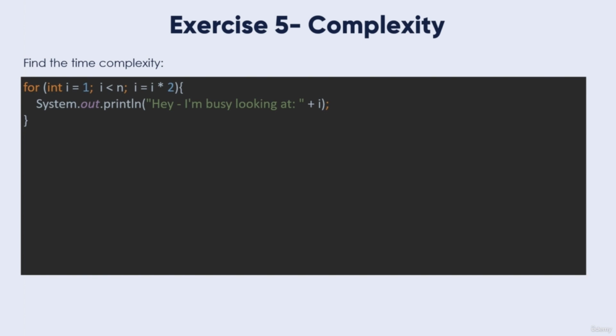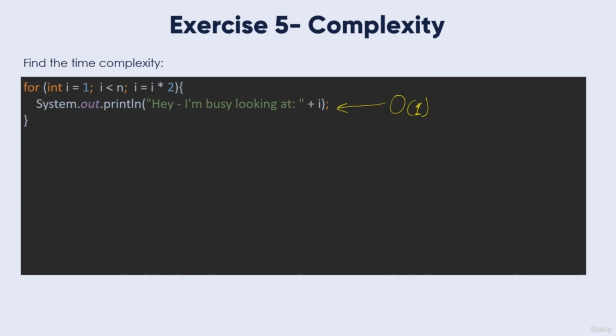We start with the simple one. There is a loop here and a printing message. We said that the printing message is O of 1 and it is constant. Okay? It's very simple. Now, look at the loop.